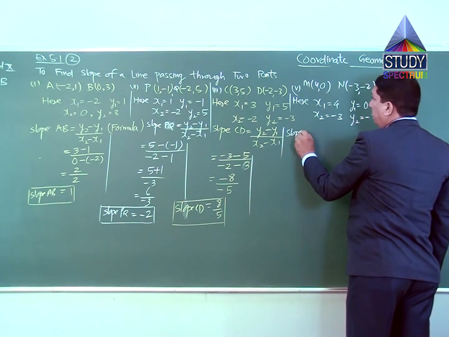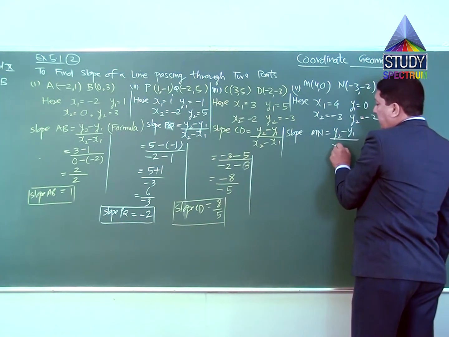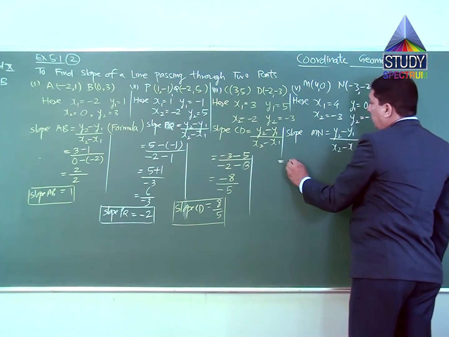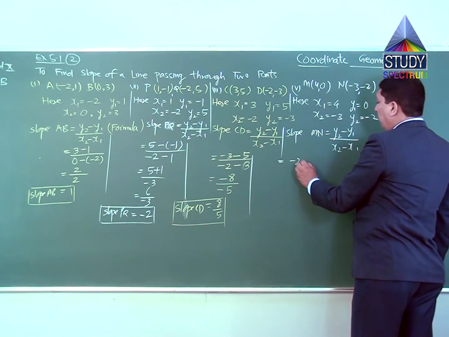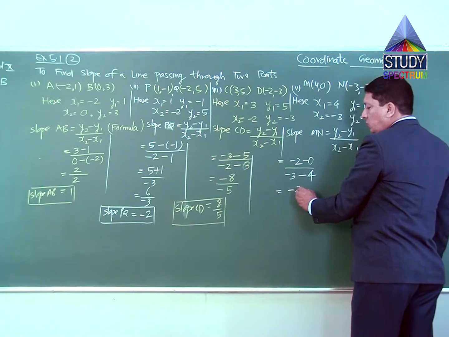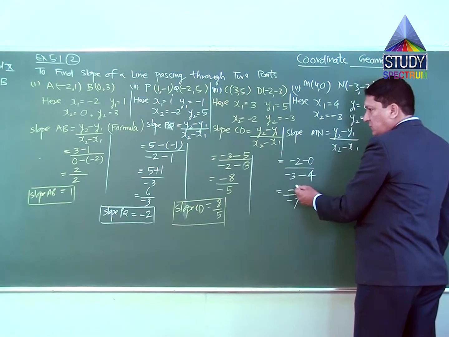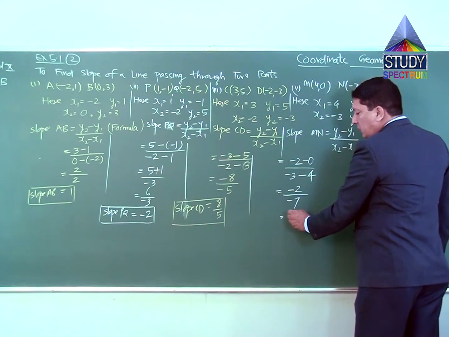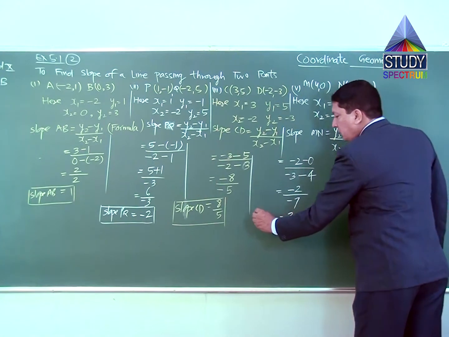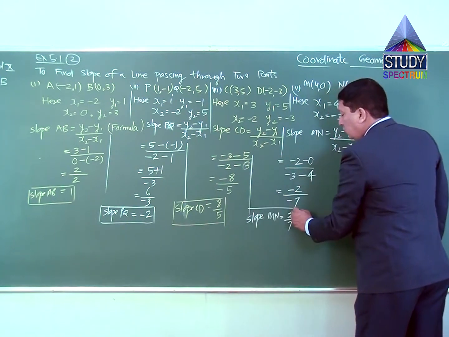Slope of MN is y2 minus y1 upon x2 minus x1. Now y2 value is minus 2. y1 value is 0, so minus 0. x2 value is minus 3, minus sign, x1 value is 4. Minus 2 minus 0 is minus 2. Minus 3 minus 4 is minus 7. Same way, two negative numbers you have to add, keep the minus sign there. 2 upon 7. Minus sign gets removed. The slope of line MN is 2 upon 7.